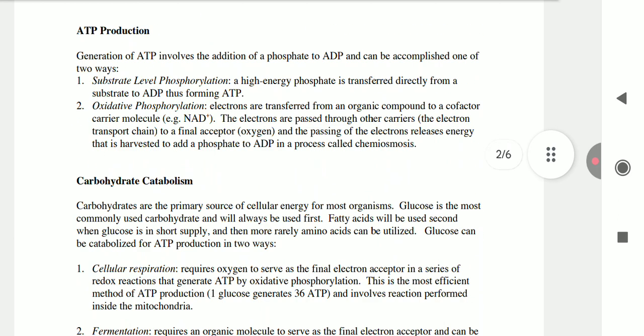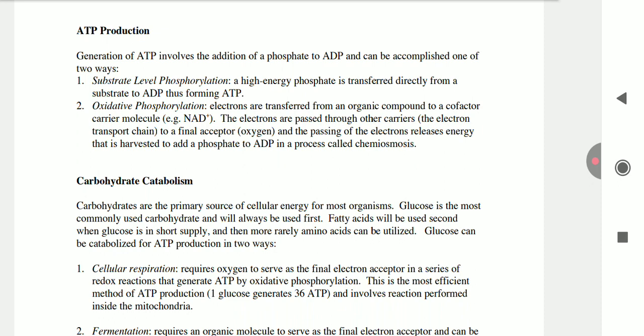ATP production. Generation of ATP involves the addition of a phosphate to ADP and can be accomplished in one of two ways. First, substrate level phosphorylation. A high energy phosphate is transferred directly from a substrate to ADP, thus forming ATP. Second, oxidative phosphorylation.